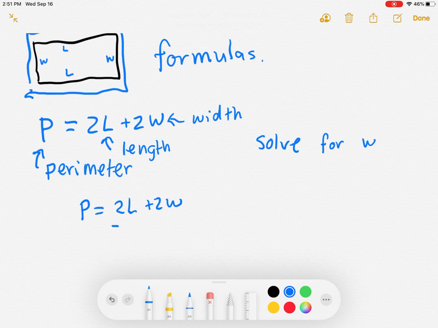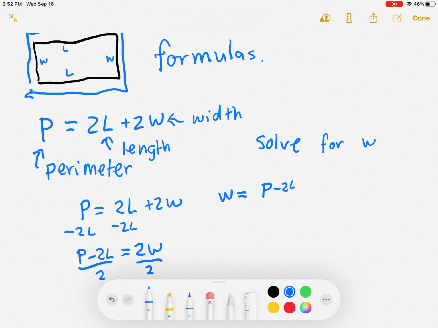So let's go ahead and subtract over the 2L. We'll get P minus 2L equals 2W. Now to finish it, to get it all the way by itself, we have to divide each side by 2, giving us W equals P minus 2L over 2.